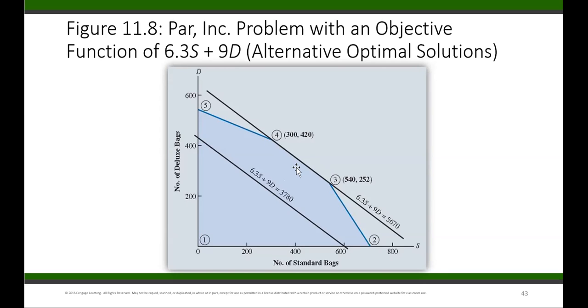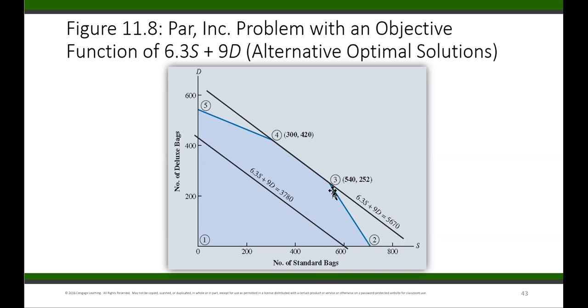And indeed, any point in between 3 and 4, any point on this line, if you plug them into this equation, 4.3 times S plus 9 times D, the result will always be 5670.